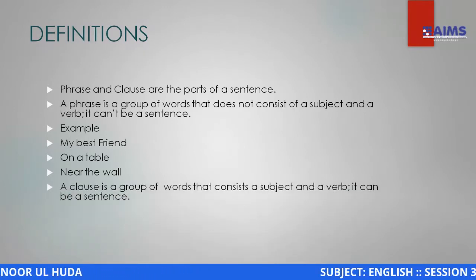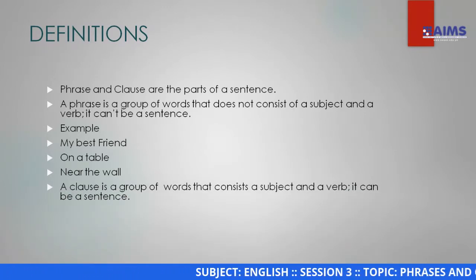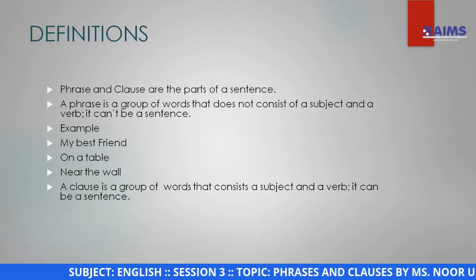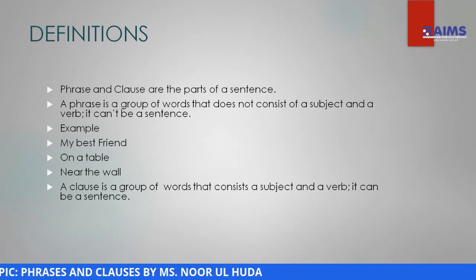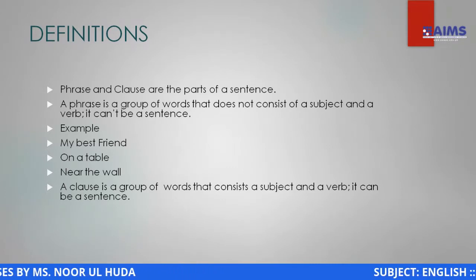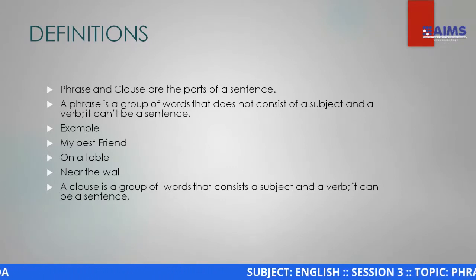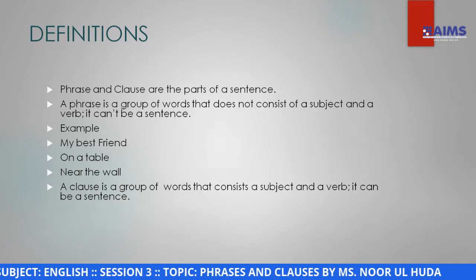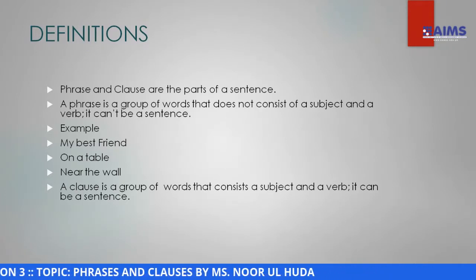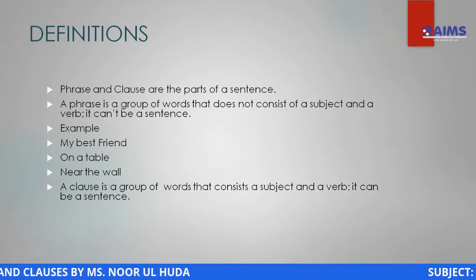Now come to a clause. A clause is a group of words that consists of a subject and a verb. It means a clause must have both things at the same time, a subject as well as a verb. That is why it can be a sentence. It can stand alone. It can give a particular meaning or the whole meaning to the addressee.